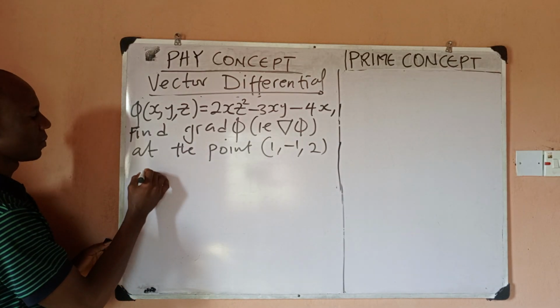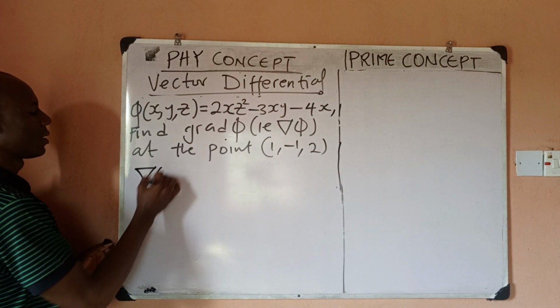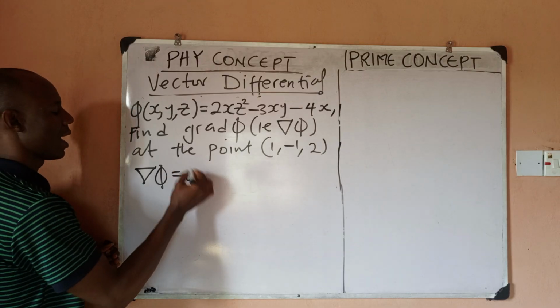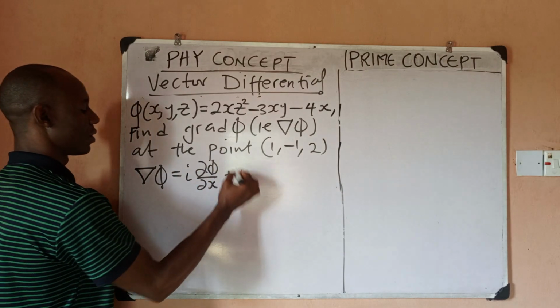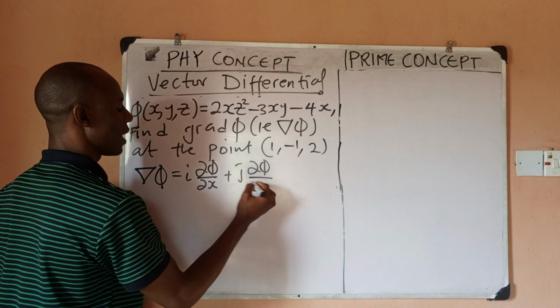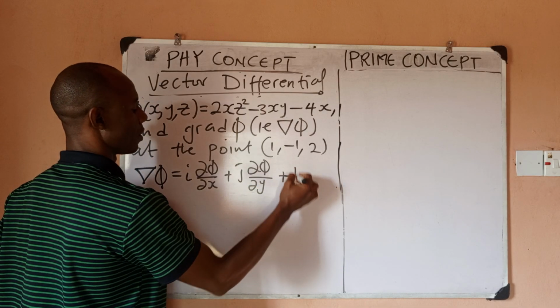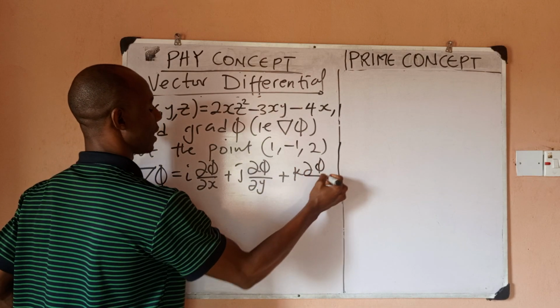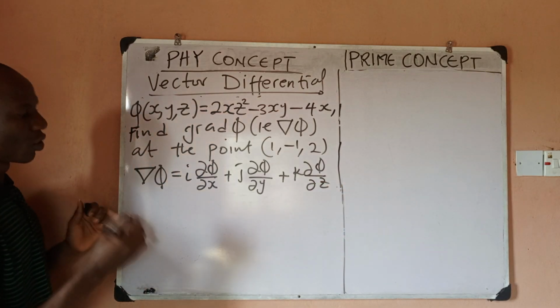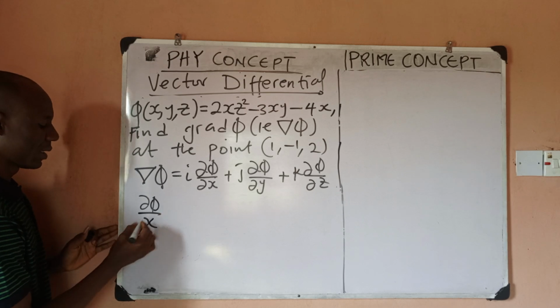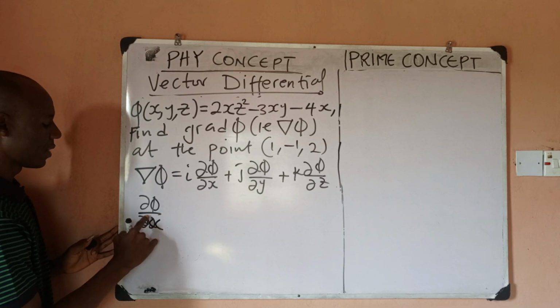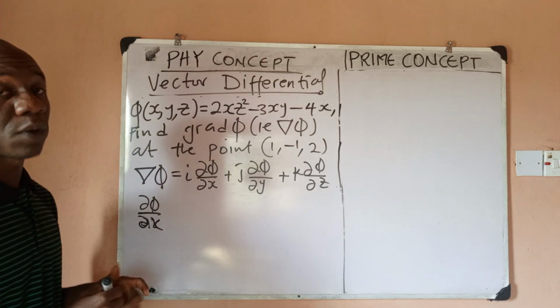So we have the gradient formula, which is actually i ∂φ/∂x plus j ∂φ/∂y plus k ∂φ/∂z. So what I'm going to do, I'm going to find the ∂φ/∂x first, then I'll find the ∂φ/∂y, and so on.